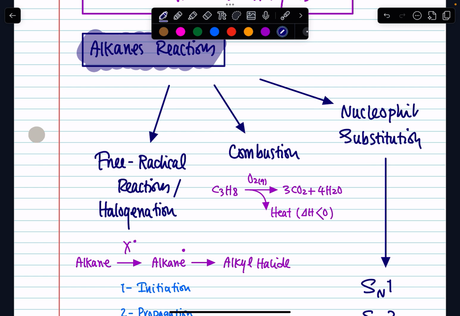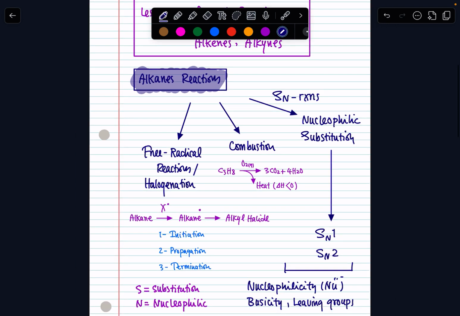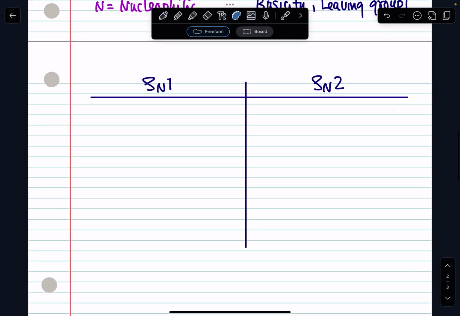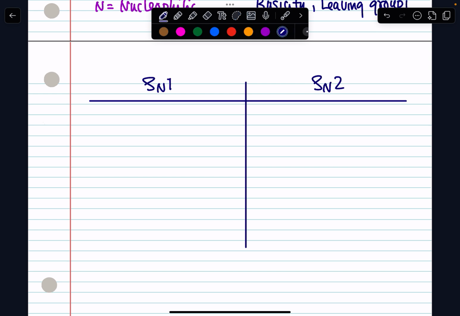Nucleophilic substitutions, or SN reactions. So let's compare and contrast these two types of reactions. You can see there's one, there's two here. Let me show you what one here means.